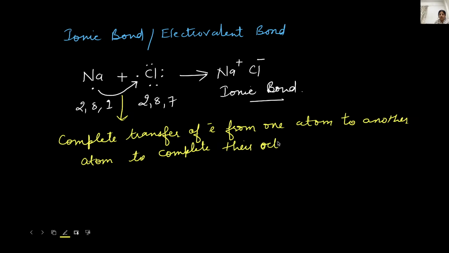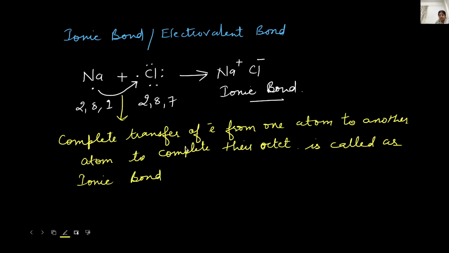So in ionic bond, in this example of sodium chloride, what is happening here? Sodium has 1 extra electron which is transferred from the sodium atom to the chlorine atom, and this transference of electron from one atom to another atom is called ionic bond. This is called ionic bond or electrovalent bond.